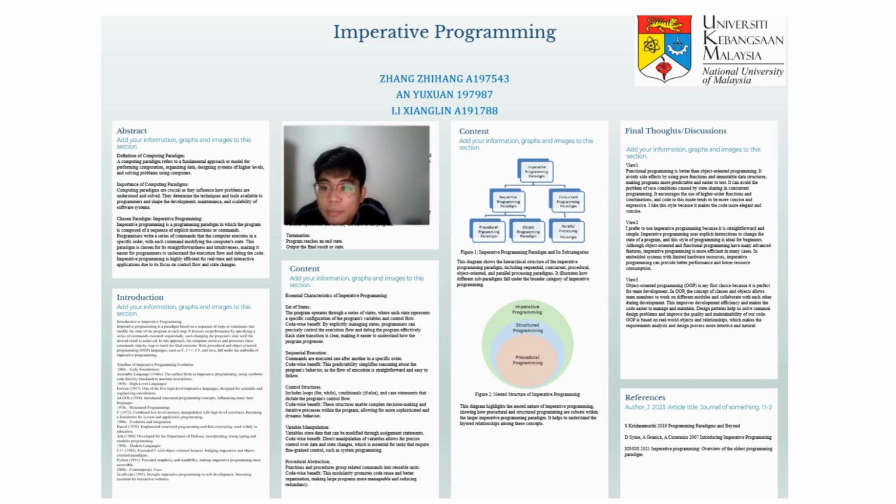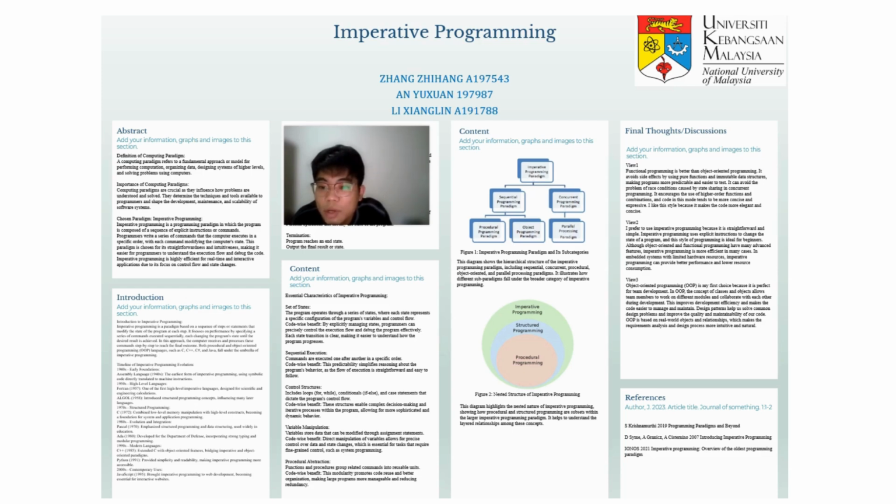Object-oriented programming is my first choice because it is perfect for team development. In OOP, the concept of classes and objects allows team members to work on different modules and collaborate with each other during development. This improves development efficiency and makes the code easier to manage and maintain.